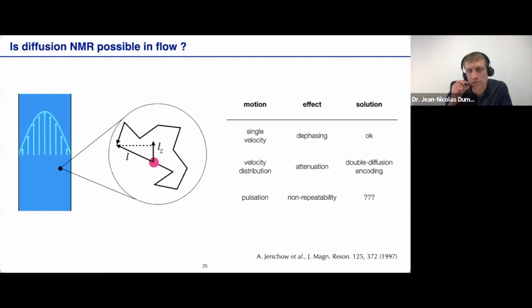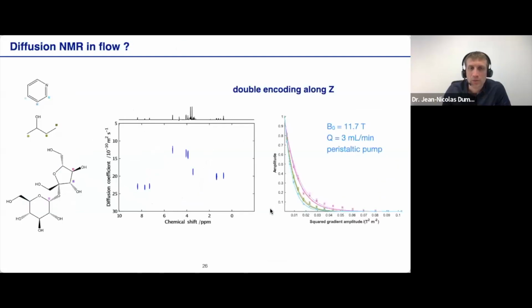But there remains the question of the case of a flow that is pulsatile, that is not stable over time, and that may lead to residual error. So we tried experimentally simply with our experimental flow cell and the sample flowing at 3 milliliters per minute to use double diffusion encoding.